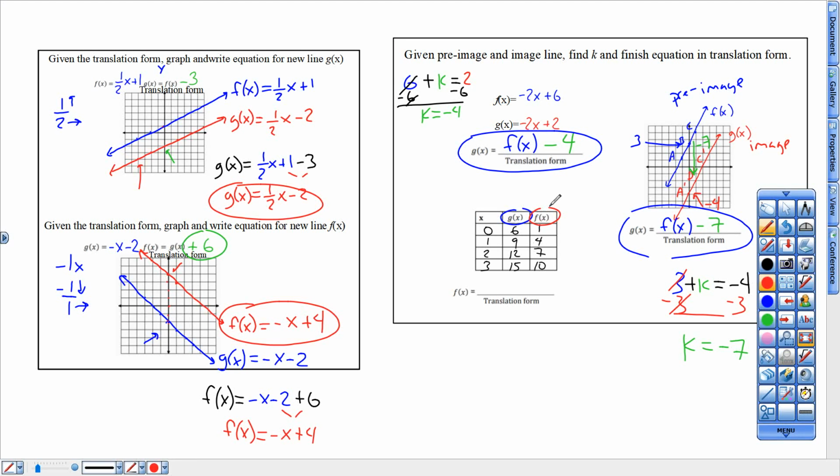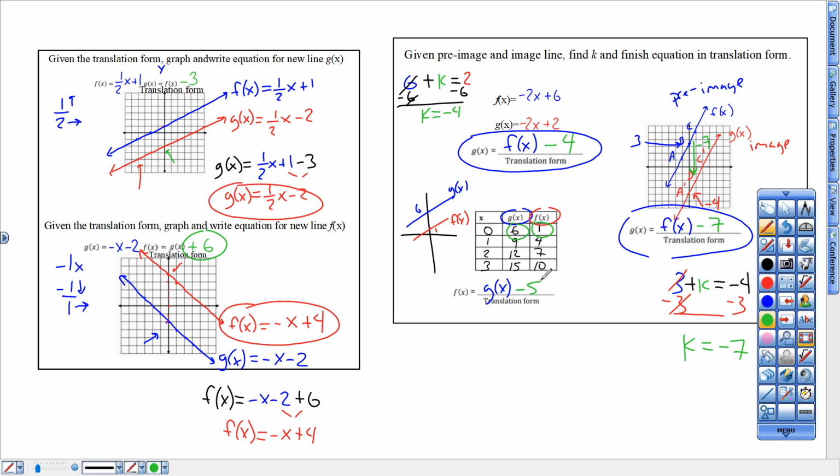Instantly, this from 6 to 1 right here, looking at those y-intercept numbers, if it's 6 on the y-axis, going down to 1 on the y-axis, hopefully you could see that's a drop of 5 right there. So some people could see that the new line, which is the f of x line for this one, started at the g of x line. The new line, the f of x line, came from me taking that original one and moving it down the y-axis 5. I would like you to write this work though.